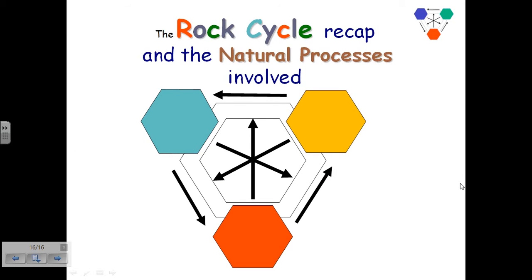Now, to recap this rock cycle process and the processes that are involved, we're going to start with the igneous rock. As I mentioned, the cycle can go from igneous rock to create different types of rock structures. To streamline it, we want to talk about how igneous rocks can become another rock using pressure and heat.